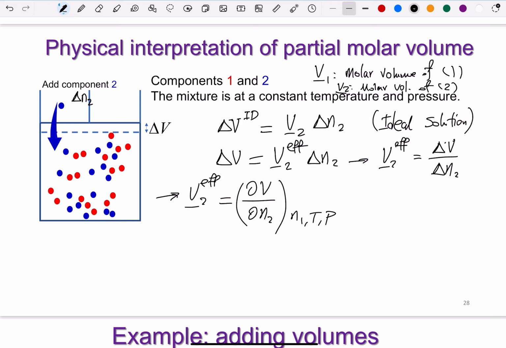That's basically what we defined, just to avoid this confusion between the effective volume and so on. So we are using the overbar. So that's the physical meaning of it: effective molar volume in the mixture, or effective molar property in the mixture. It can be anything. Are you okay with the definition and the meaning that it has? Okay, that is very good. So now let's see one example.